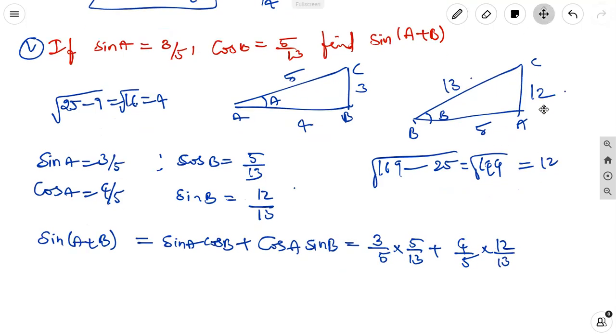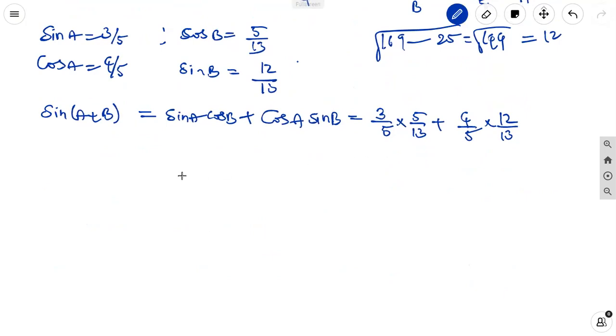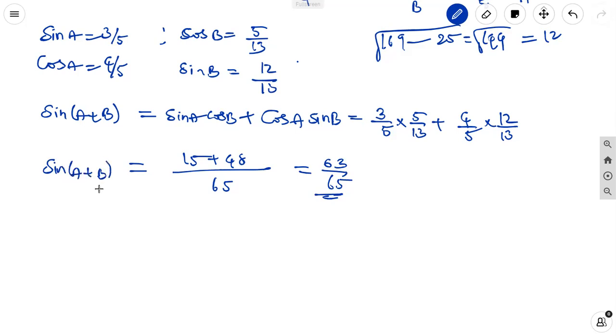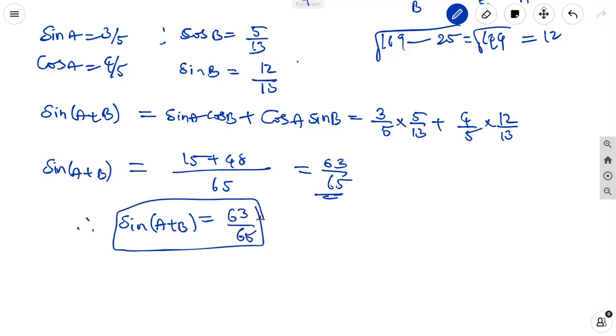Here taking the LCM of this, 13 5s are 65 is the LCM. 5 3s are 15 plus 12 4s are 48. It is equal to 63 by 65 is the sin of A plus B. Therefore, sin of A plus B value is equal to 63 by 65. This is the solution.